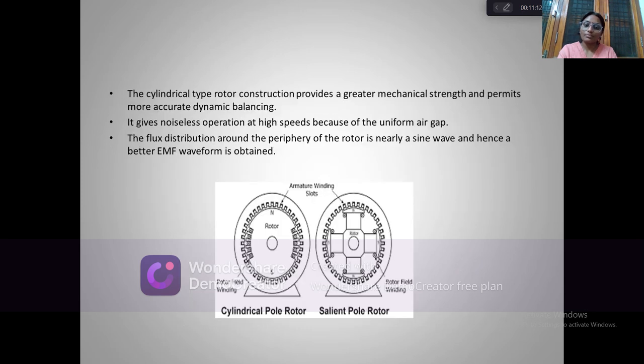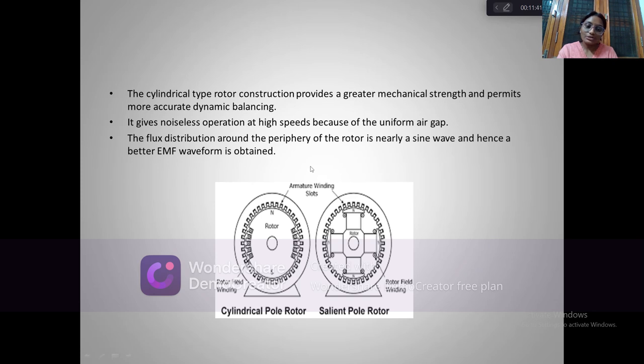And the cylindrical type rotor construction provides greater mechanical strength and permits more accurate dynamic balancing. It gives noiseless operation at high speed because of the uniform air gap, and the flux distribution around the periphery of the rotor is nearly a sine wave, and hence a better EMF, electromotive force, waveform is obtained.